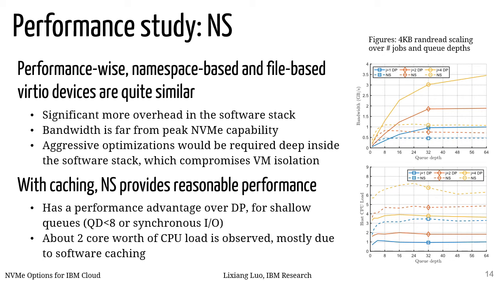Aggressive optimization would be required deep inside the software stack if we want to improve upon this. With caching, this option provides reasonable performance and even sometimes a slight advantage over device pass-through for very shallow queues, where queue depth is less than 8, or even synchronous I/O. About 2 cores worth of CPU load is observed, mostly due to software caching.